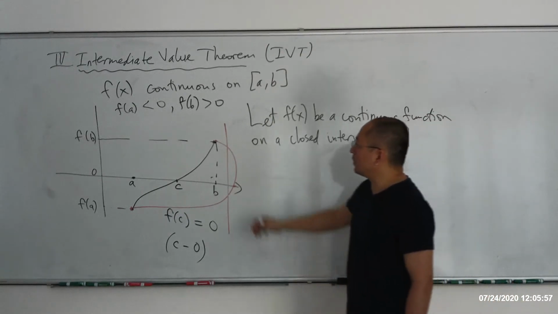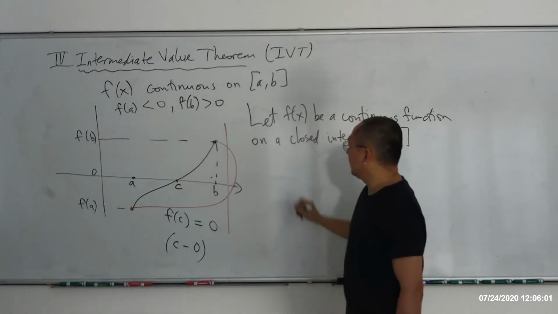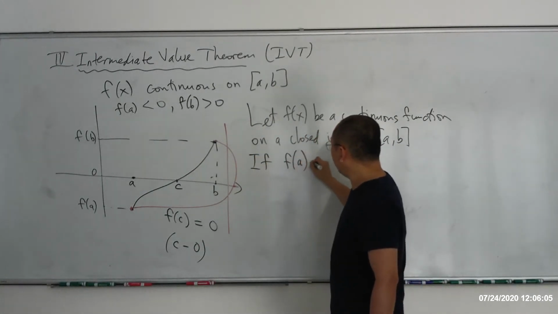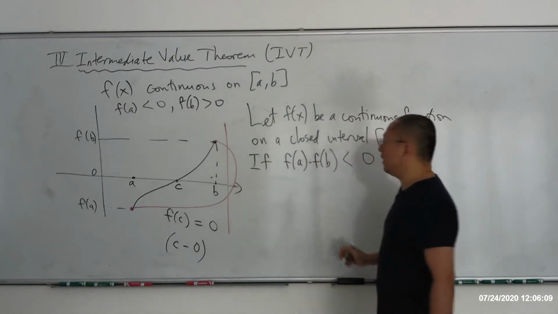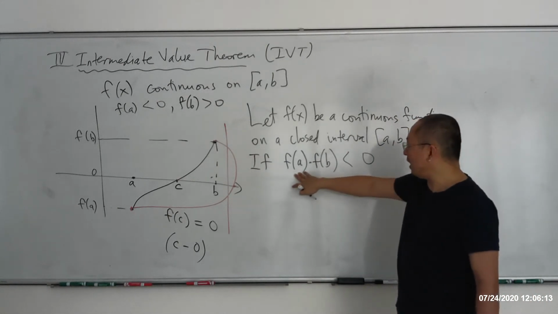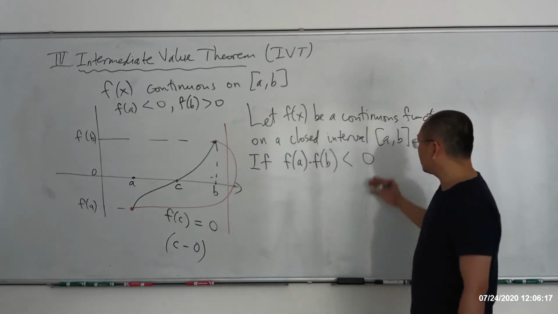Now, we have to talk about the condition right here. One point is below, one point is above. Now I'm going to write it this way. If f of a times f of b is negative. Now let me explain what I mean by this. You guys see the two factors right here. F of a is a number, f of b is another number. You multiply the two numbers together, you get something negative.